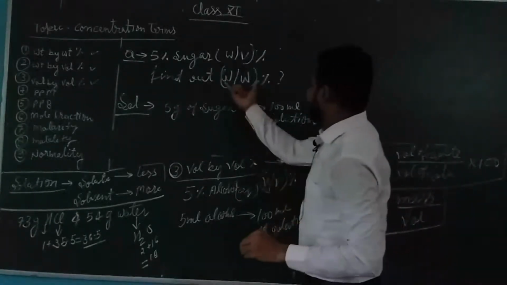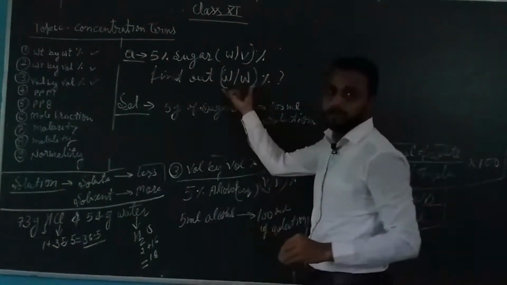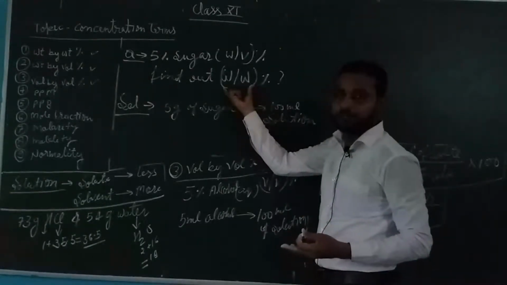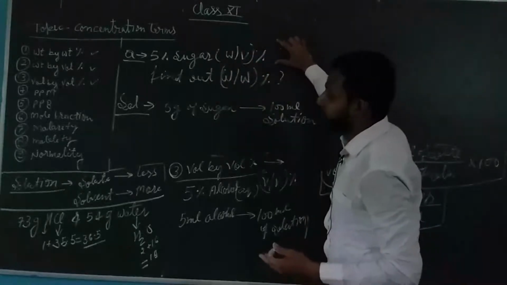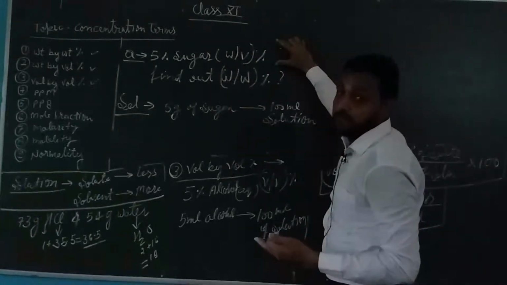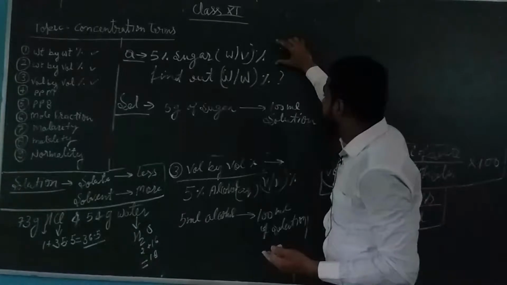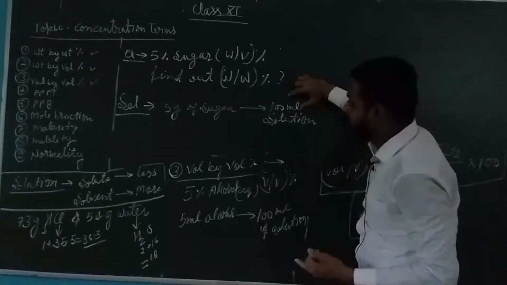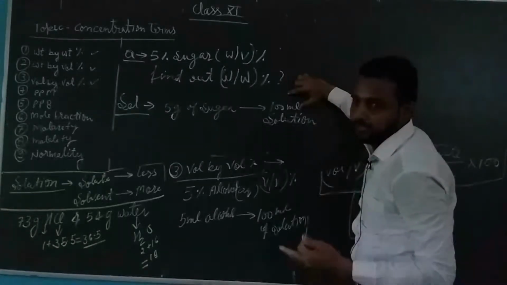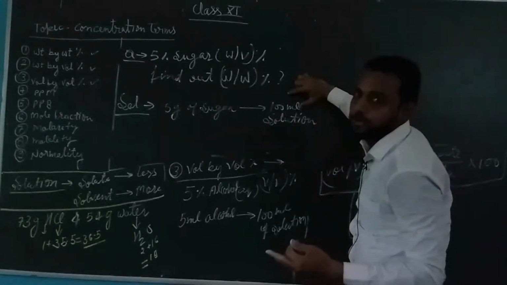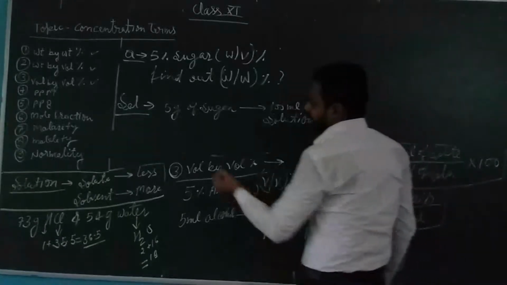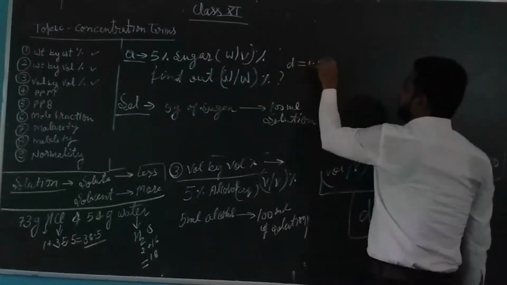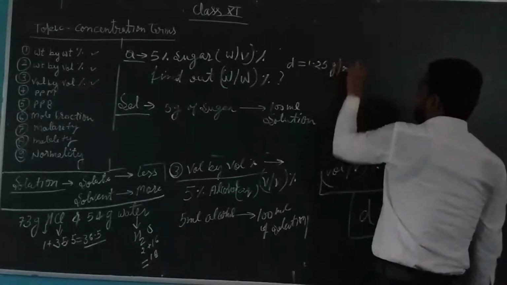We have to find out weight by weight percent, and the formula is mass of solute upon mass of solution. Here volume of solution is given, so firstly we have to calculate mass of solution with the help of density is equal to mass upon volume. The density of solution is given, D is equal to 1.25 gram per ml.